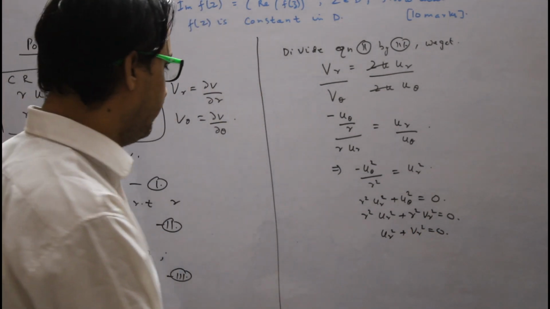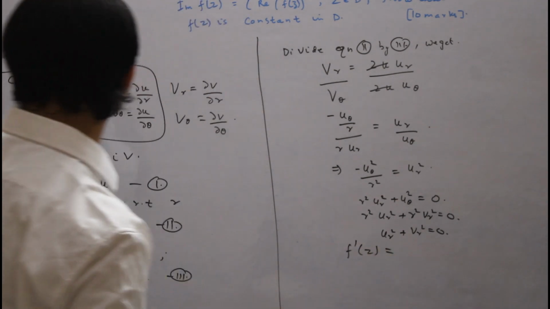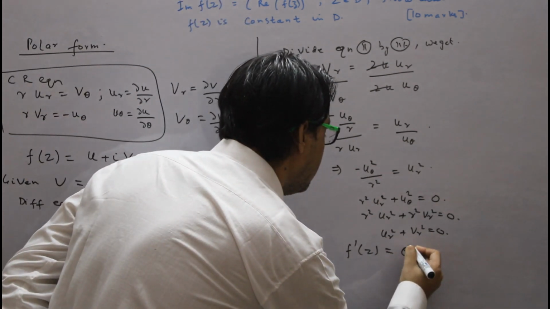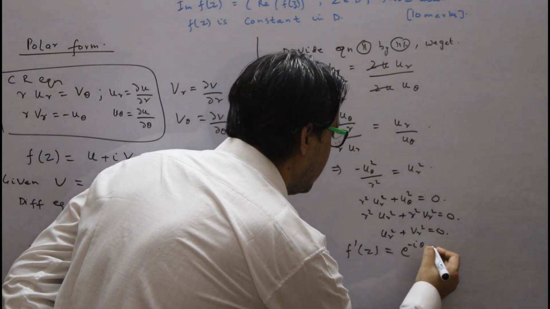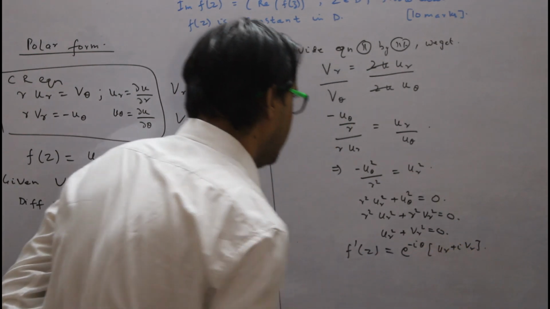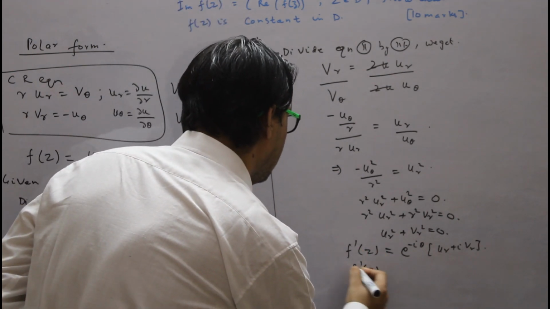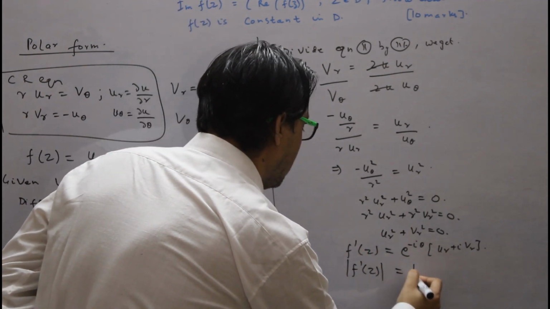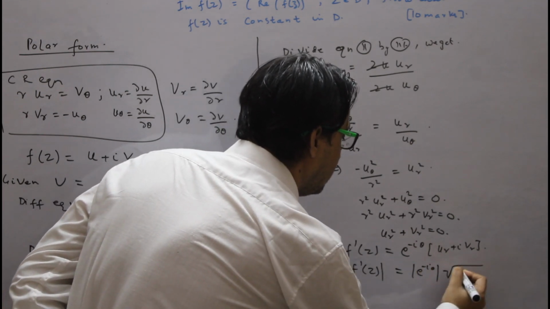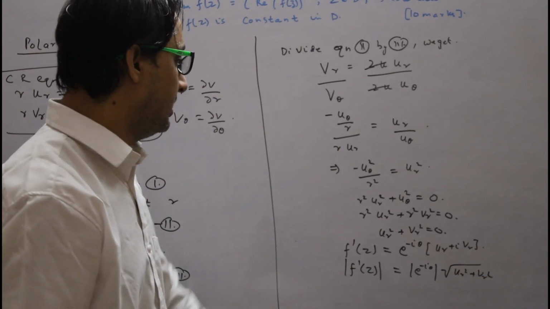If we take the derivative of this function, we can write this in polar form: e to the power minus i theta into (u_r plus i v_r). Now if I take the modulus of this, it becomes modulus of e to the power minus i theta and under root of u_r square plus v_r square.